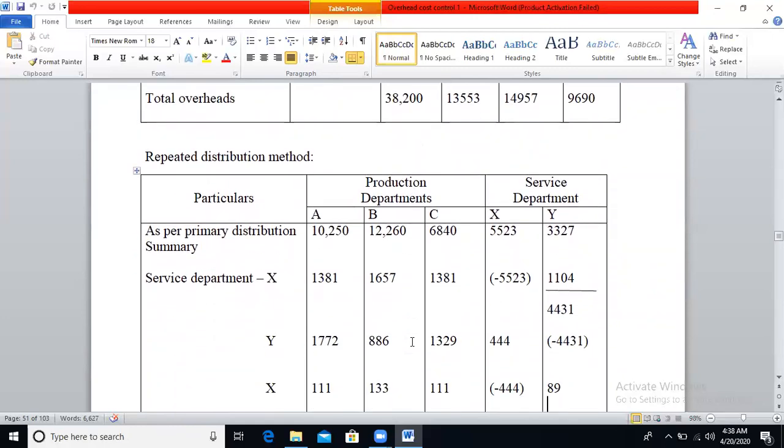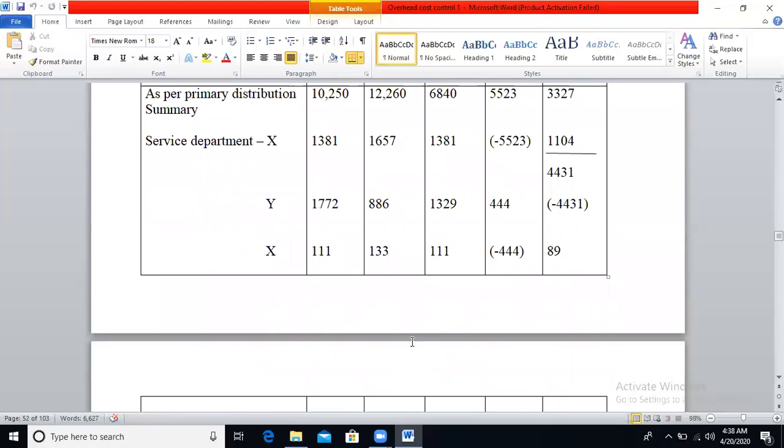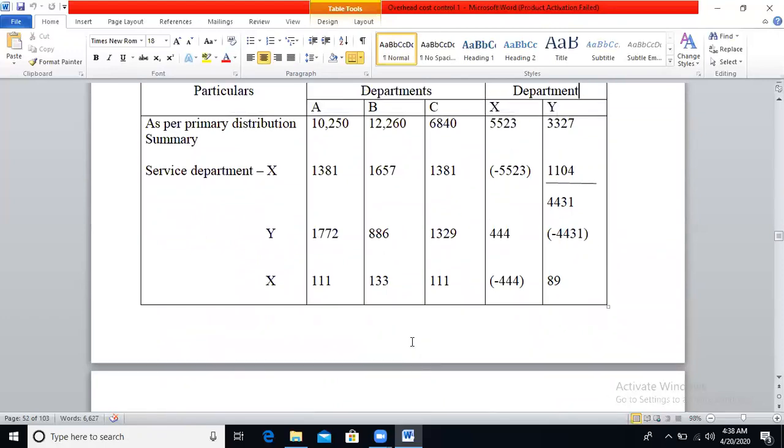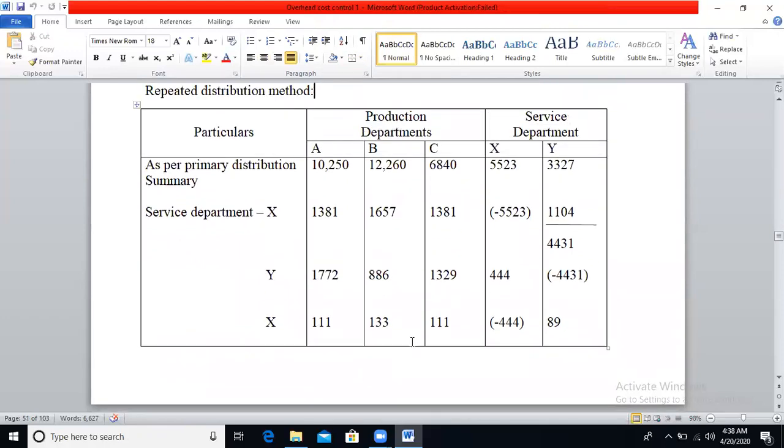The difference between the simultaneous equation method and the repeated distribution method is that under the simultaneous equation method, we reapportion the service department expenses only to the production departments. Under the repeated distribution method, you have to repeatedly reapportion the service department expenses to all the production departments and also to the remaining service department.